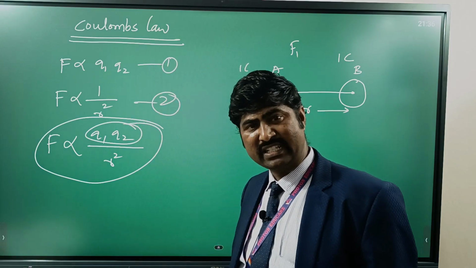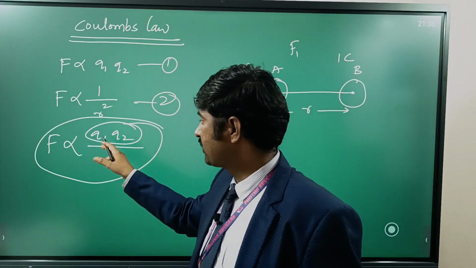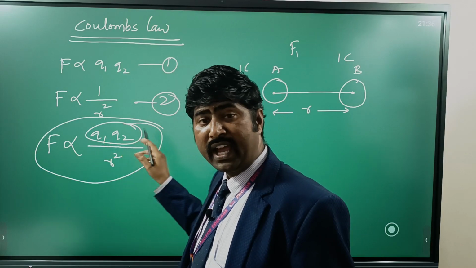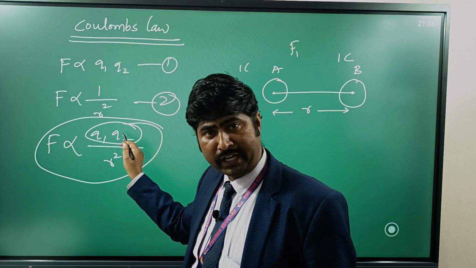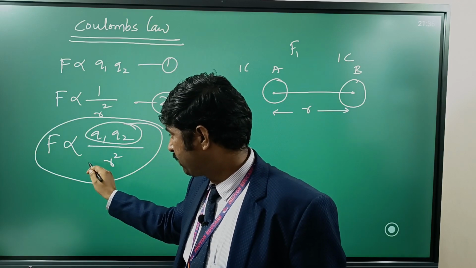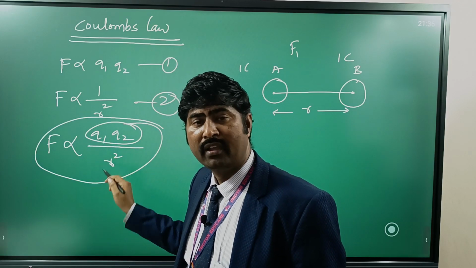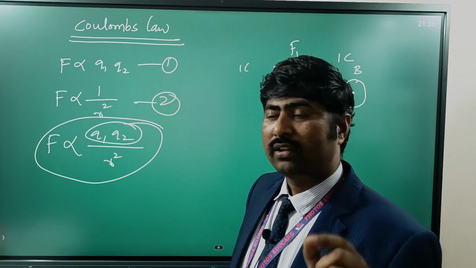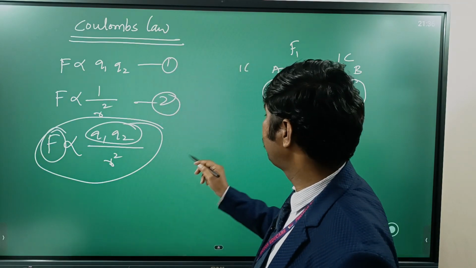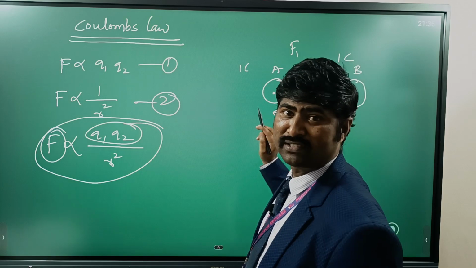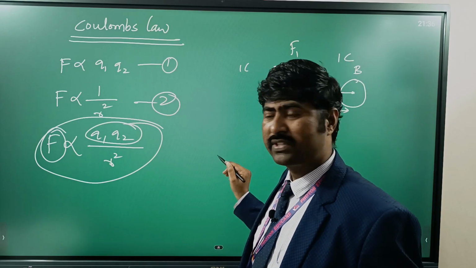We can state the statement as: the force of attraction or repulsion between any two point charges is directly proportional to the product of magnitude of their charges and inversely proportional to the square of the distance between them. I repeat, this force may be either attractive force or repulsive force. It depends on the nature of charge.